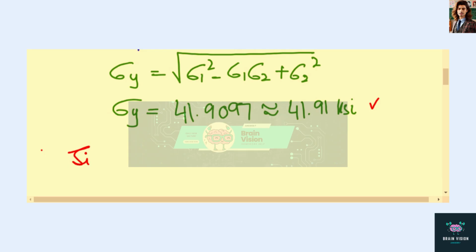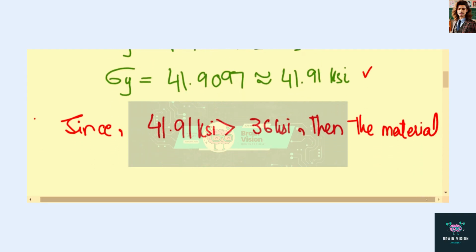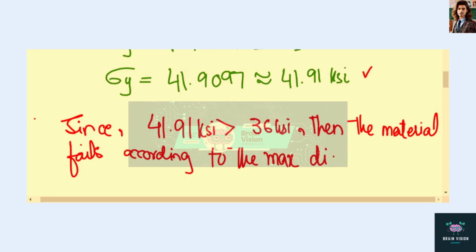Since 41.91 is greater than the value that was given to us, that is 36 ksi, it means that the material fails according to the maximum distortion energy theory. And this concludes our answer.